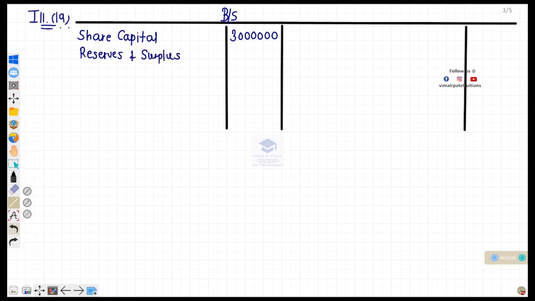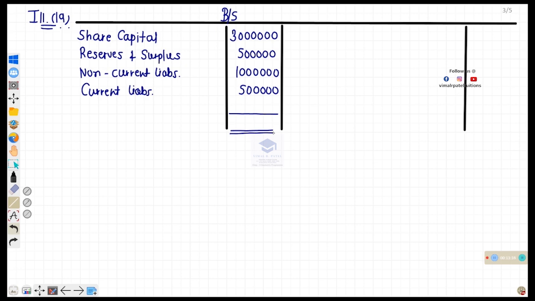Reserve and surplus 5 lakhs. Non-current liabilities 10 lakhs. And current liability 5 lakhs.